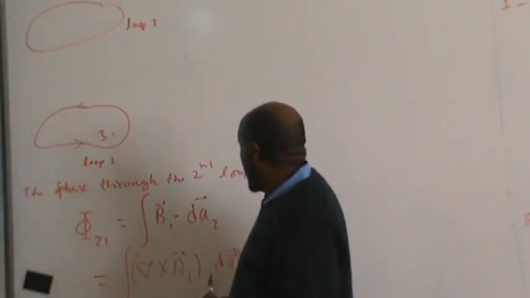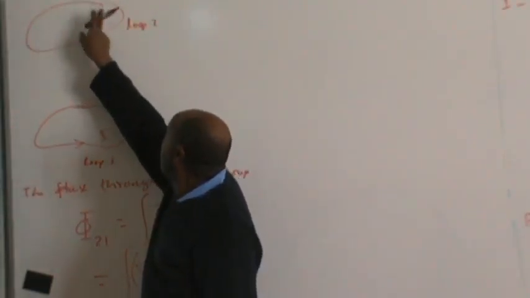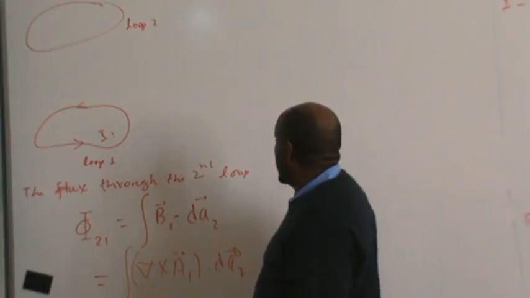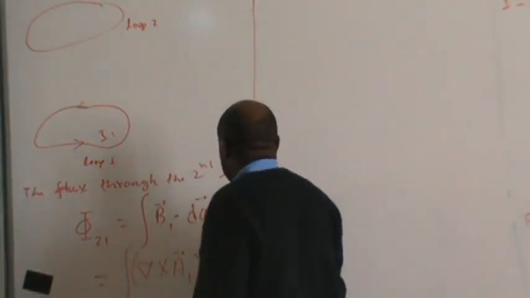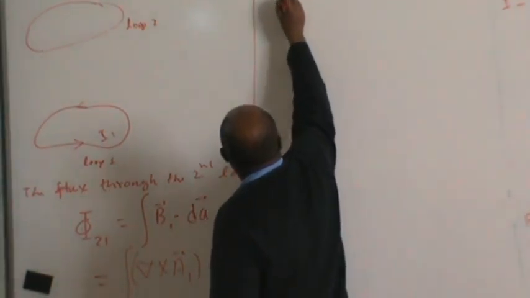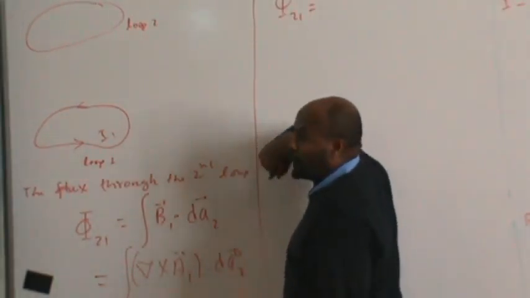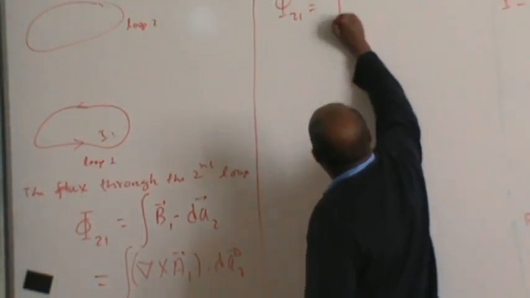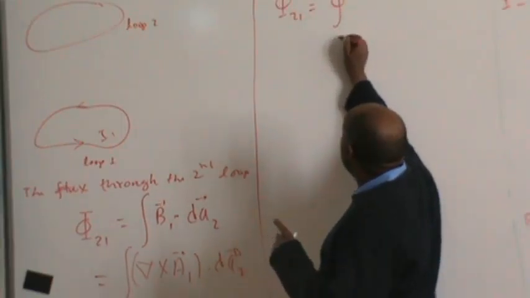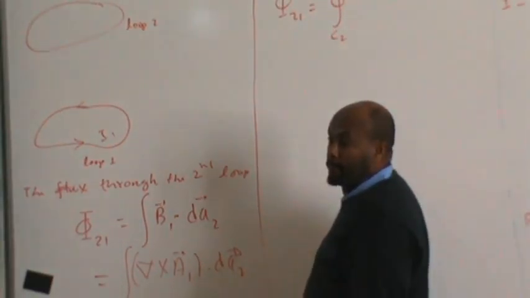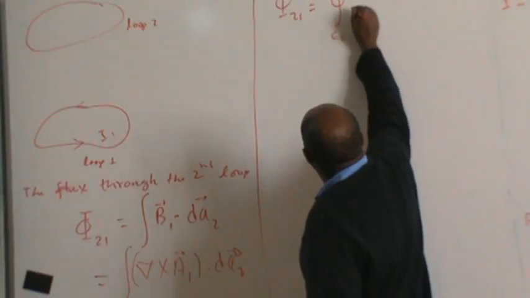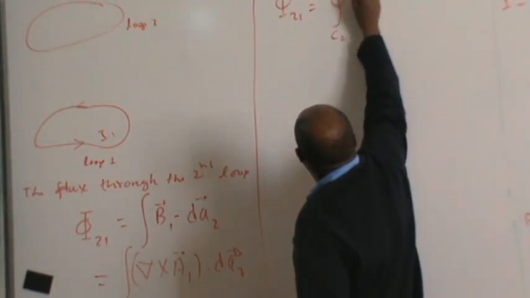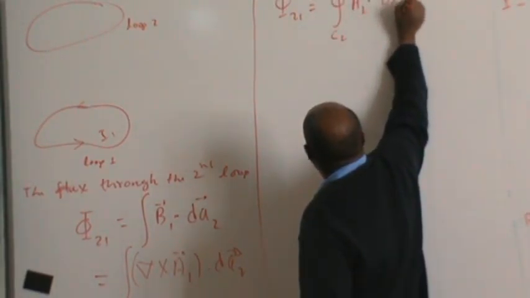So the curl of A1 over this area, you can write it as the integral over closed curve C2 of A1 dotted dr2.